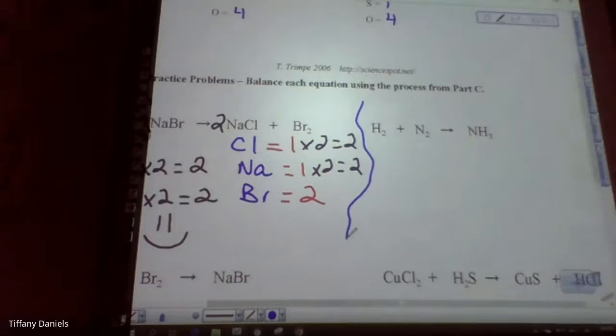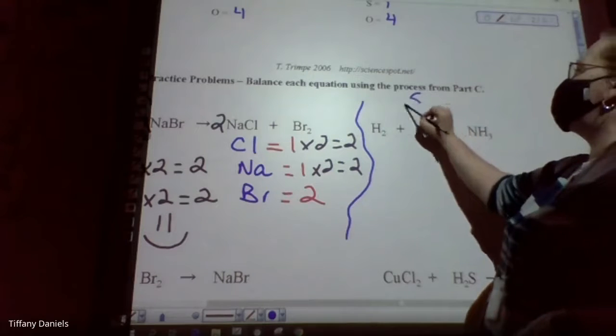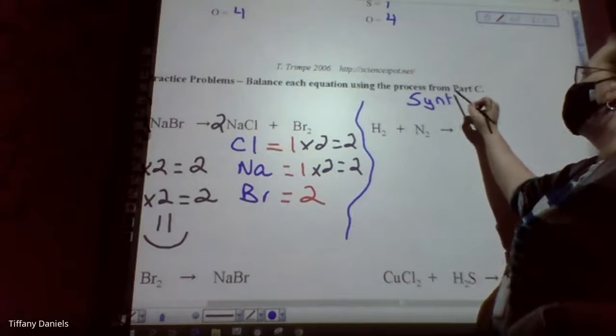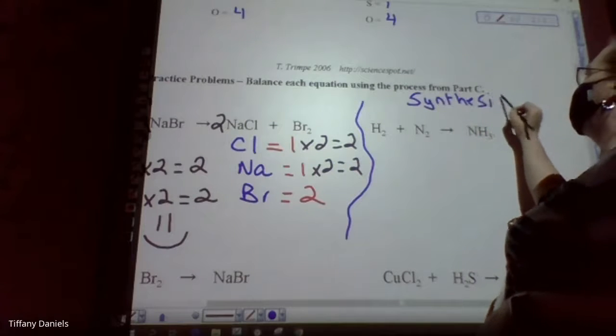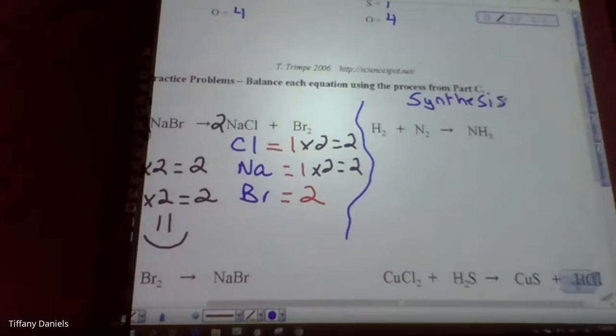All right. So this next one, H2 plus N2, so those are gases. And they yield a compound called NH3, ammonia. So I'm going to say this is a synthesis. So again, same steps.